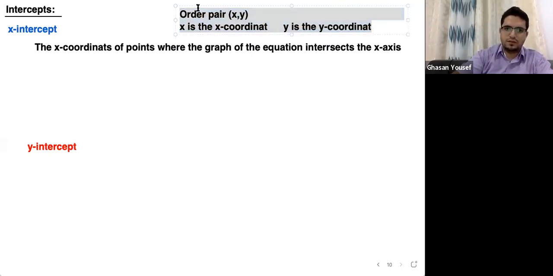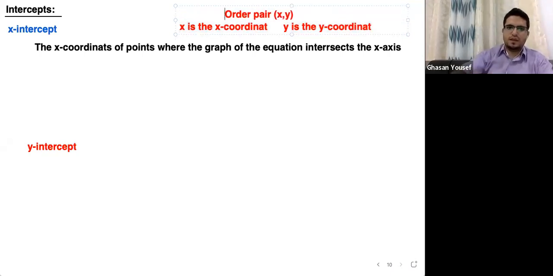This is just a definition. What's the meaning of x and y? The x is the x-coordinate, and the y is the y-coordinate.